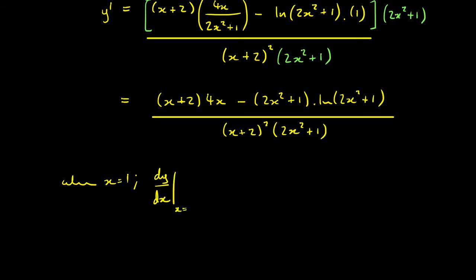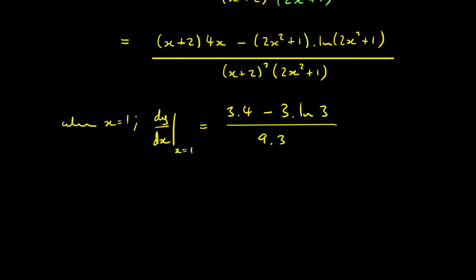So dy/dx at x equals 1, that's the notation, is going to equal, well, 1 plus 2 is 3, 4 times 1 is 4, minus 2 times 1 squared is 2, plus 1 is 3, the natural log of the same thing, which will be 3, all divided through by 1 plus 2, which is 3, squared is 9, times 2 times 1 squared plus 1 is 3.